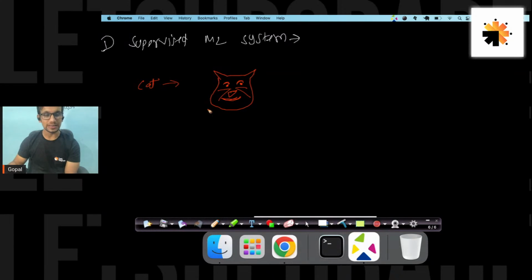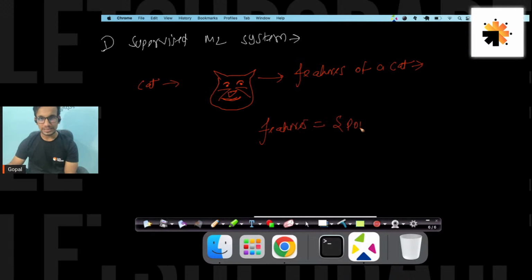And what you can see here, how exactly did you determine if it was a cat or not? So what features do you see here? Features of a cat, what exactly are they? Features will be pointy ears, okay, triangular nose, all right, and long whiskers, or maybe a smiley face.